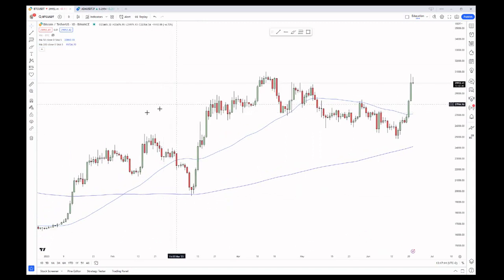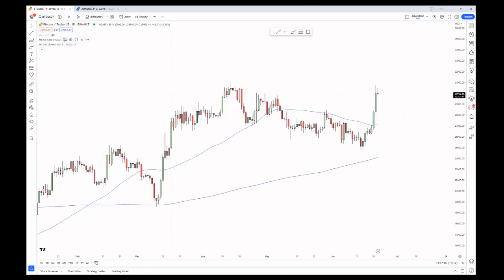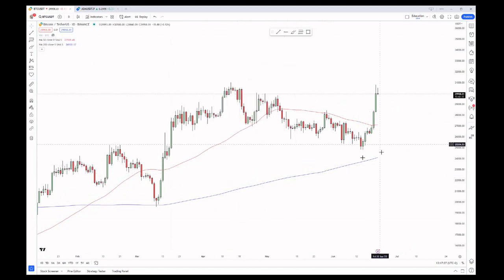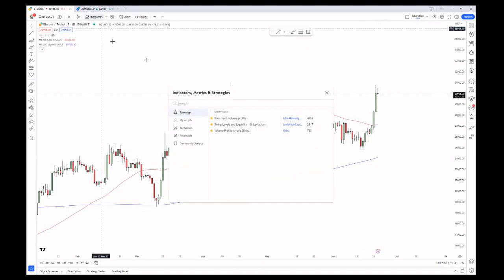They are slightly different. So if I'm now having the moving average 50, I'll give that another color so it's distinguished better. All right, the red one is the 50 moving average and the blue one is the 200 moving average.